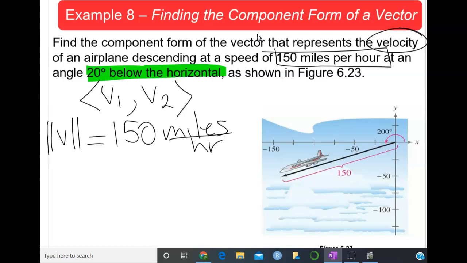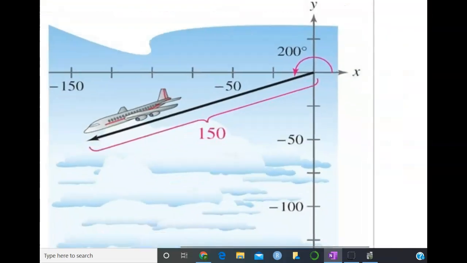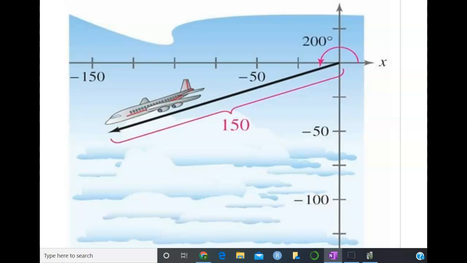below the horizontal. So that is very important because 20 is not actually the direction angle. And what we know is that, I'm going to zoom in here. So if this is the horizontal, it says that the airplane is going 20 degrees below the horizontal.